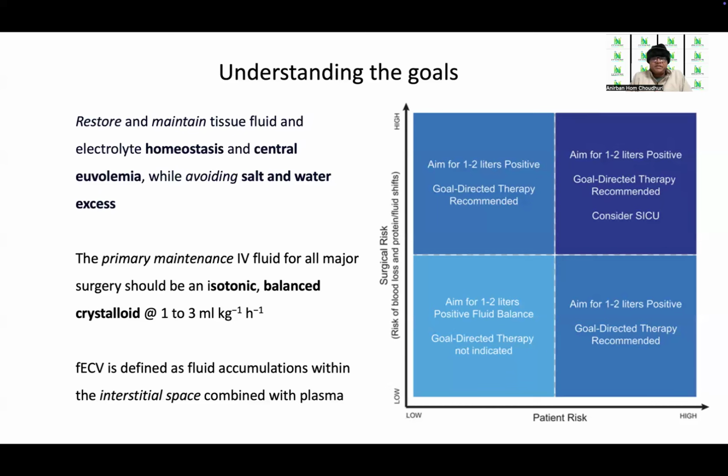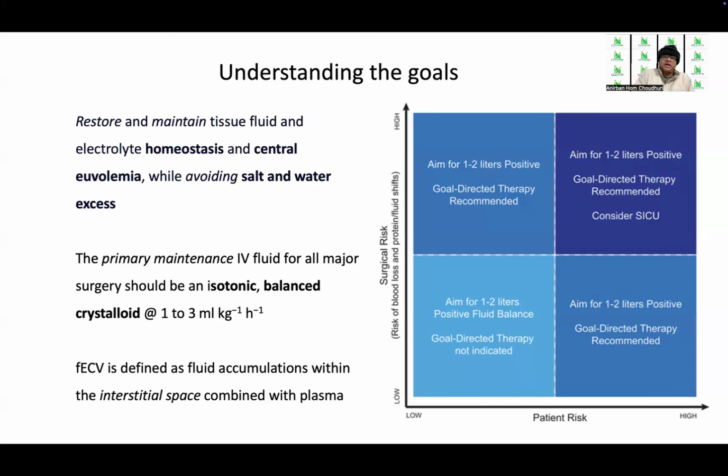So, depending upon the surgical risk and the patient risk, if both the risks are low, then goal-directed therapy is not indicated, but the aim should be to maintain 1 to 2 liters of positive fluid balance. Whereas if both the patient risk and surgical risk are high, or if the patient risk is high and the surgical risk is low, or the surgical risk is high and the patient risk is low, in all these cases goal-directed therapy is recommended so that there is no excessive accumulation of fluid leading to metabolic derangements due to any cause.